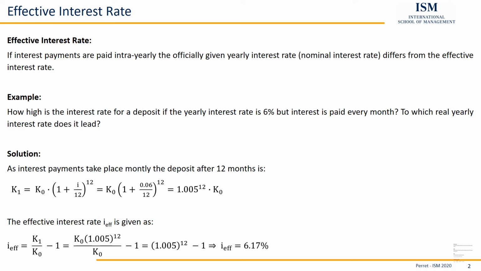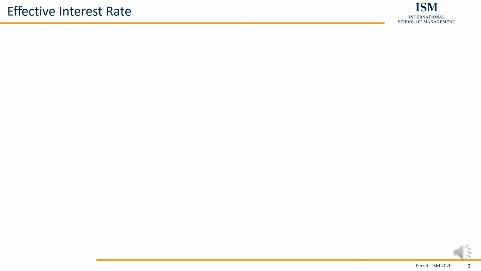Well, here we already have a simple formula for this. We can simply divide the capital after the first period by the initial capital and subtract 1. Here this gives us the factor 1.005 to the power of 12. If we want to do this in an even more general fashion, we can also deduce a formula from this. That's what we're going to do in this slide.